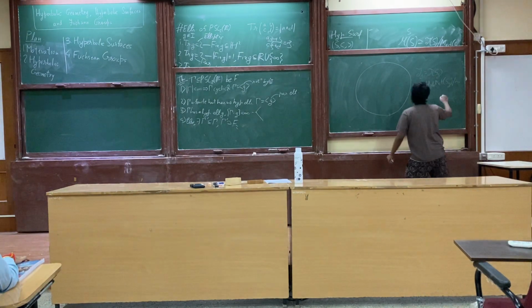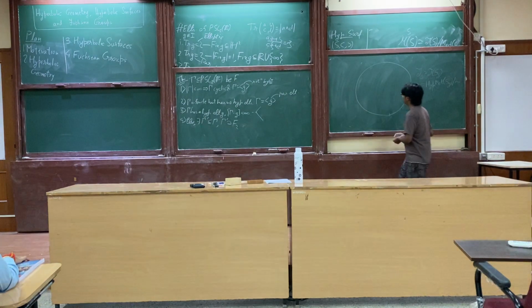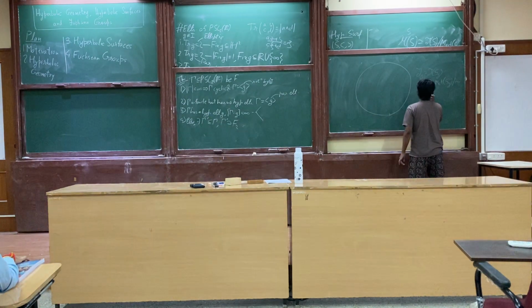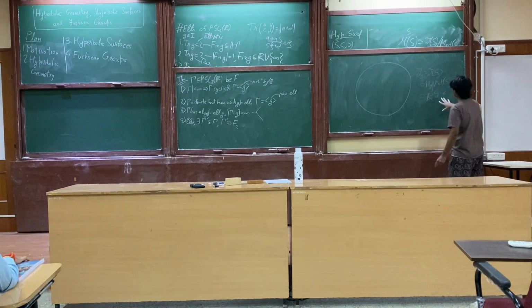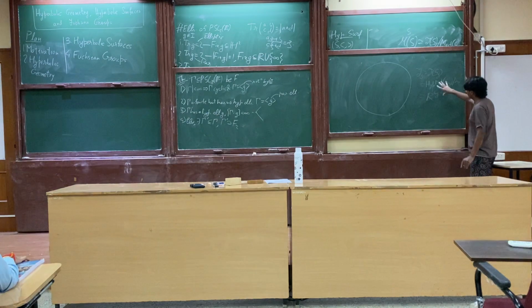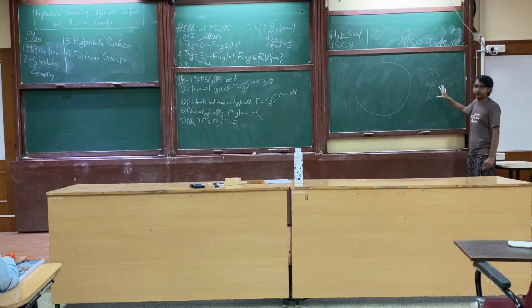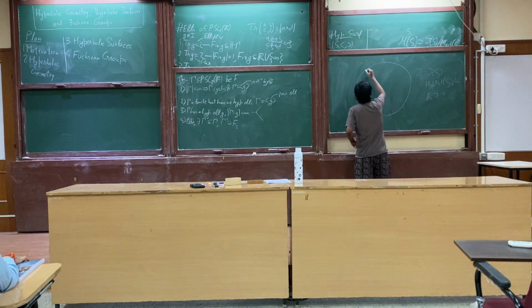Let's not go into that. But we want different hyperbolic metrics in some sense, and that can be proven to be R to the 6g minus 6. So in some sense, there are R to the 6g minus 6 ways of putting genuinely different hyperbolic metrics on the surface of genus g. And that can be seen using some heuristic dimension counts.